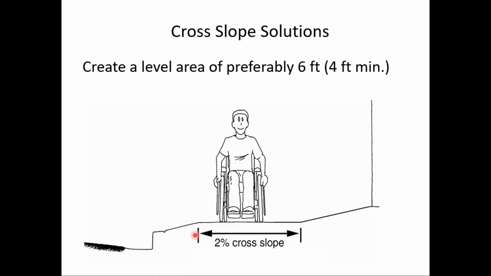The PAR only needs to be 4 or 5 feet wide. So in this case, we can put our PAR within the pedestrian circulation path. So notice the entire pedestrian circulation path doesn't have to have a cross slope of 2%, just the PAR portion of it does.